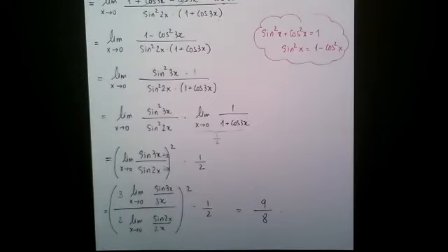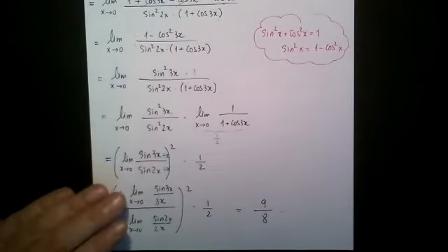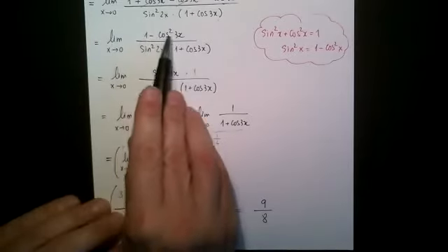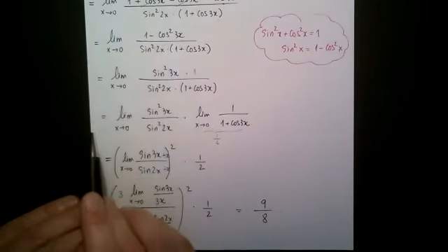Who says it gives you 1? It's the identity, no? No, I don't know this identity. 1 minus cos 3x. You're talking about this step here? Yes. Okay. So you're telling me 1 minus cos squared 3x over 3x, that's 1? 3x squared.